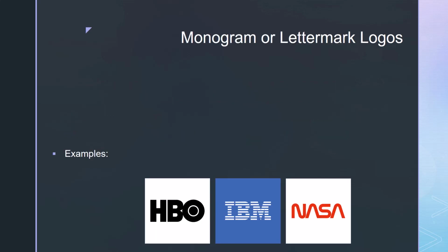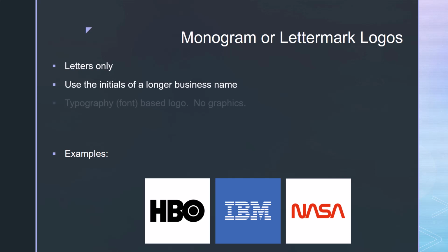Alright, so the first logo that you can create is called a monogram or lettermark logo. And there's some examples down there at the bottom of your screen. So what you can see is happening with these is that these are letters only types of logos. And typically they are the initials of a business name that is rather long in nature.